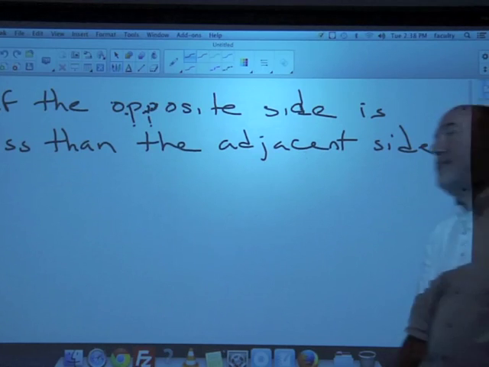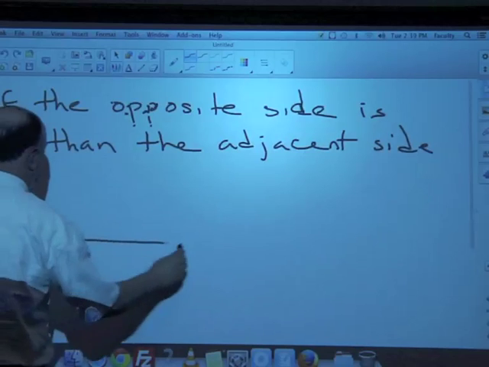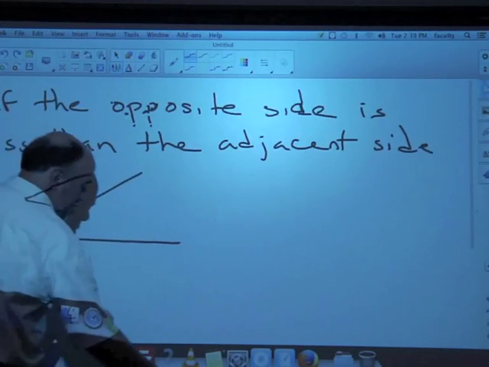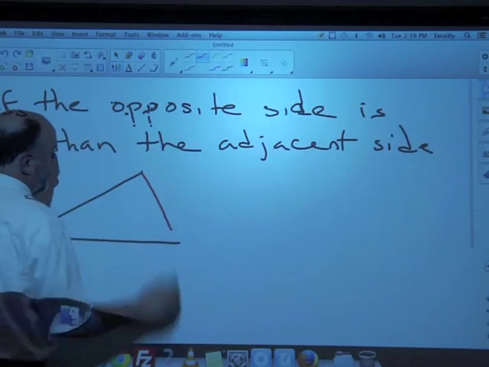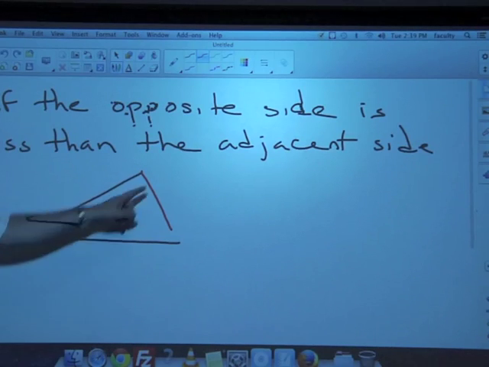So, if I have a triangle that looks something like this, okay? So basically, you're going to know this angle. You know this side, you know that side.